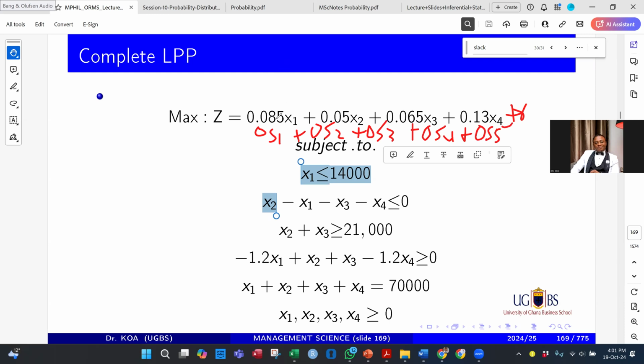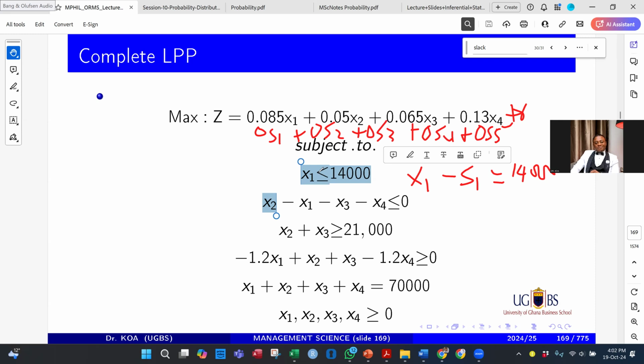Now let's take each constraint one by one. If you take the first constraint, the slack you are going to add is going to be S1. Because it's less than or equal to, it's going to be X1 plus S1 equal to 14,000. That's how you write it in the standard form.